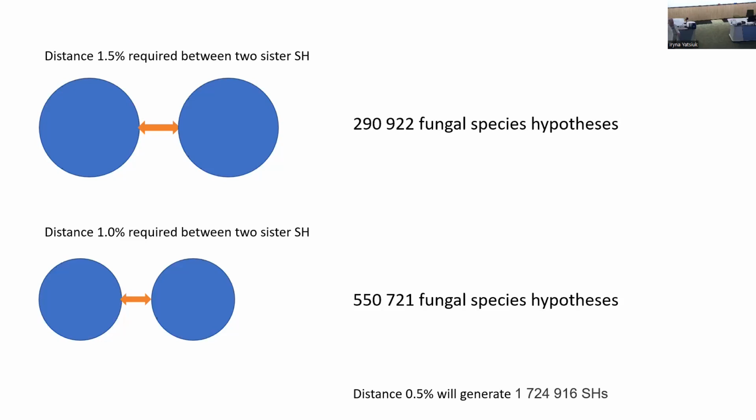So if you are familiar with species hypotheses, you see that there are different colors showing different levels, distances. So we actually calculate 0.5% difference, 1%, 1.5, 2, etc. Today we recommend using mostly 1% distance between sister species. But then you have many more species, of course.